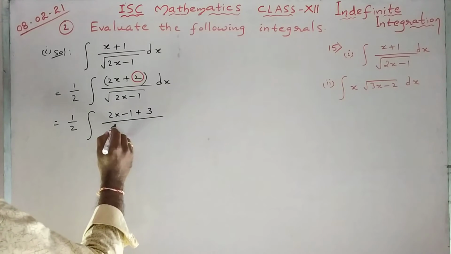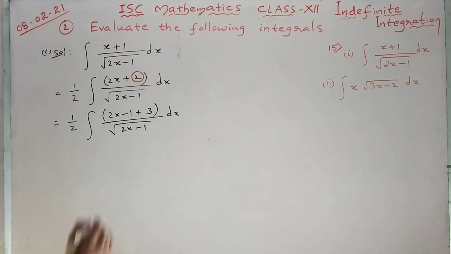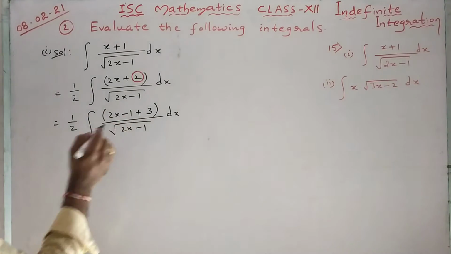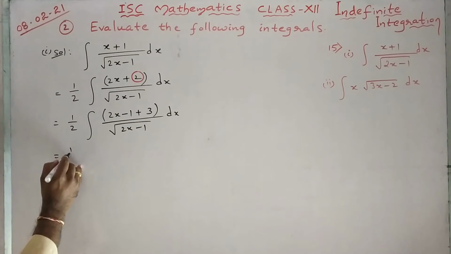Am I correct? Because in the denominator we have 2x minus 1, in the numerator also we should have that, 3 minus 1, 2 only, no? So we can write like that.